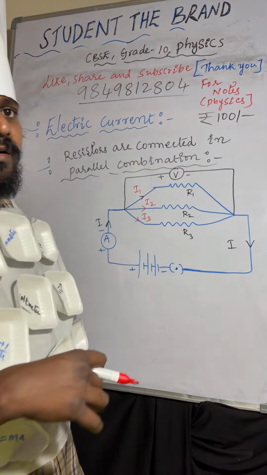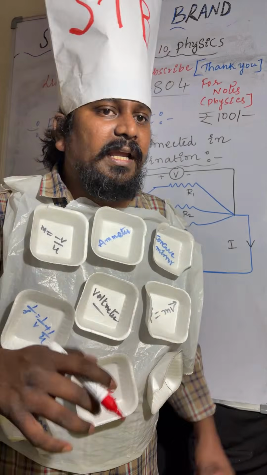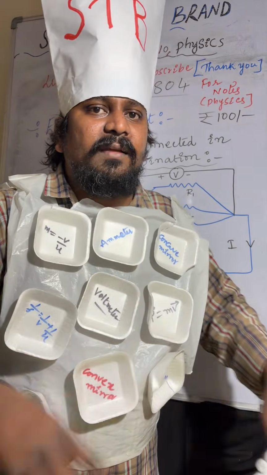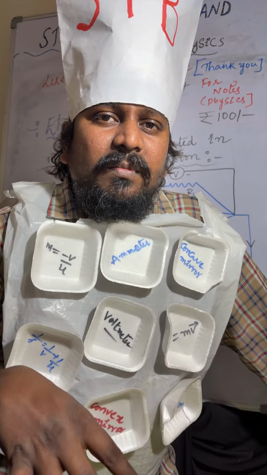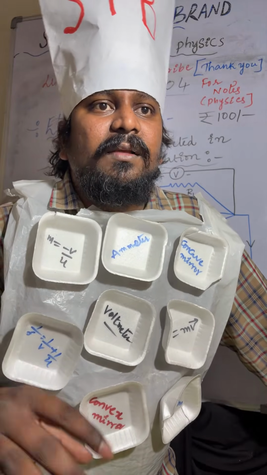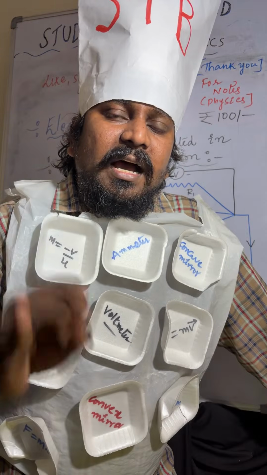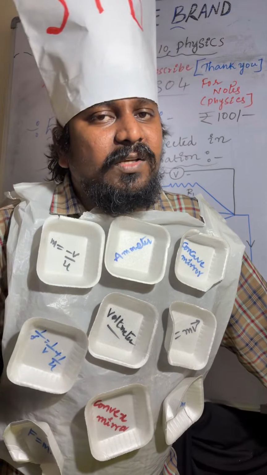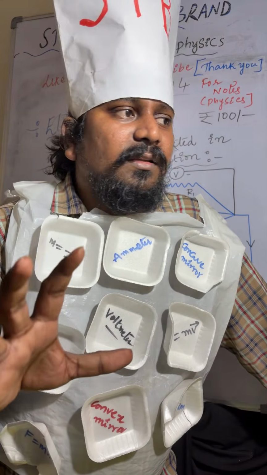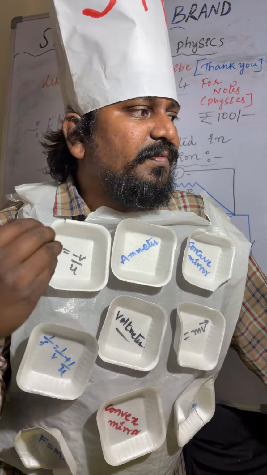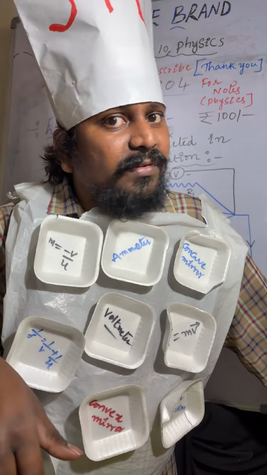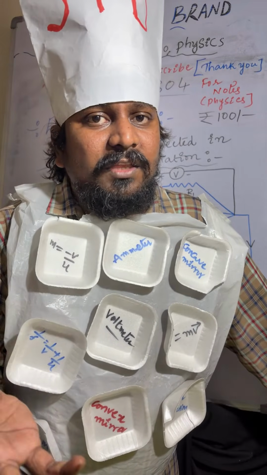So the physical quantity which is constant in parallel combination is potential difference, because across R1, R2, R3 the V I am connecting is the same. So potential difference is the same, but current is dividing into three parts.